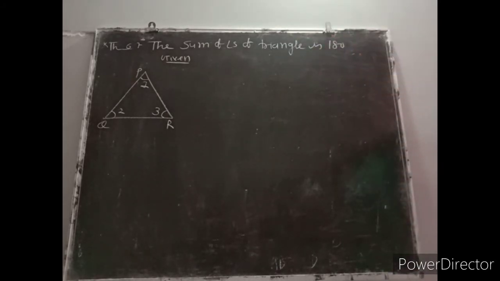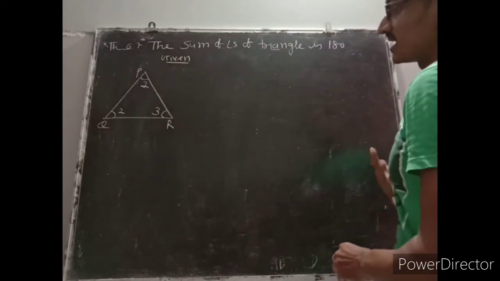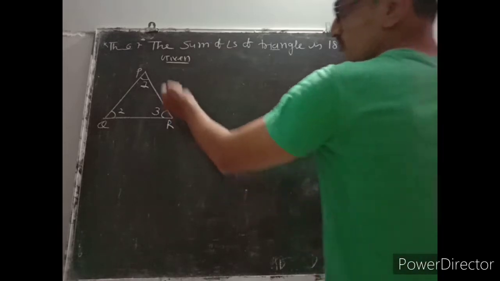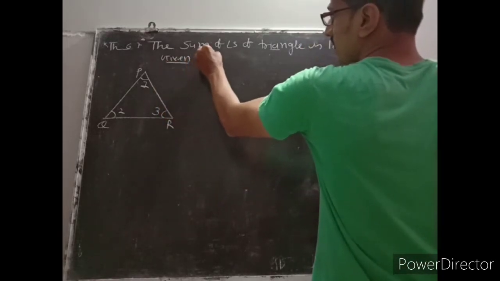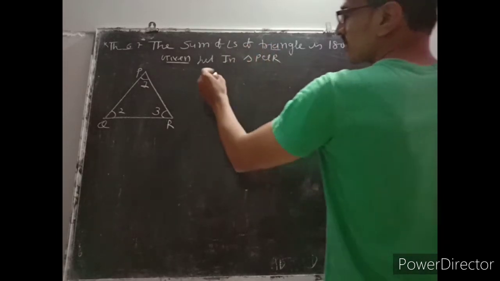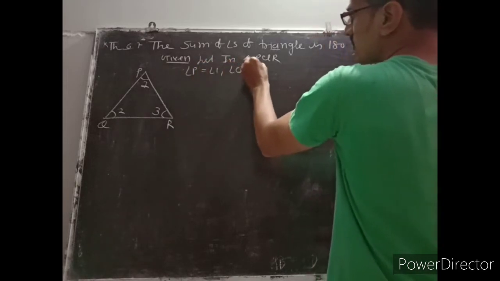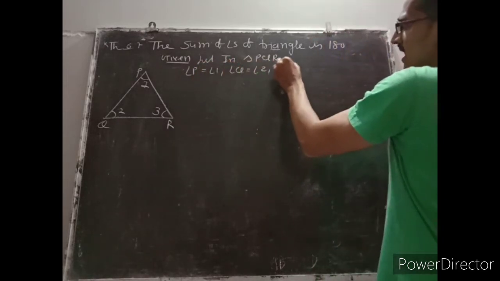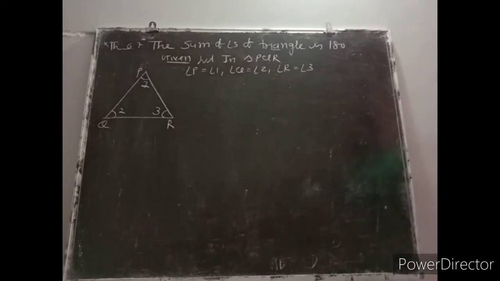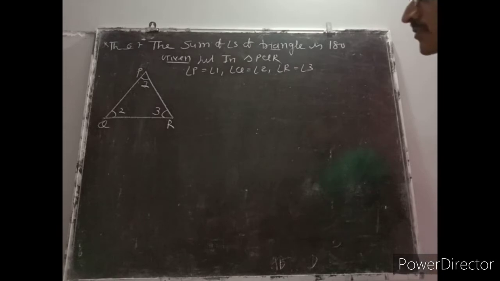So what will we write in given? We will write the name of the triangle. The name of the triangle is PQR. Let in triangle PQR, angle P equal to angle 1, angle Q equal to angle 2, and angle R equal to angle 3. If we give these numbers 1, 2, 3, I will be more comfortable proving this, and these numbers are also given in your textbook, that's why I have given the numbers.